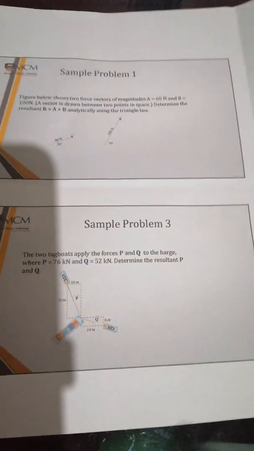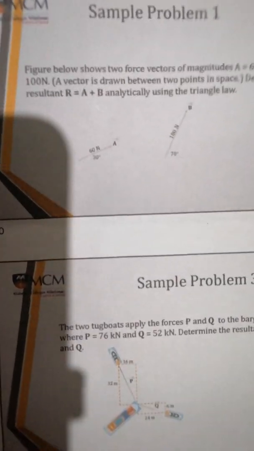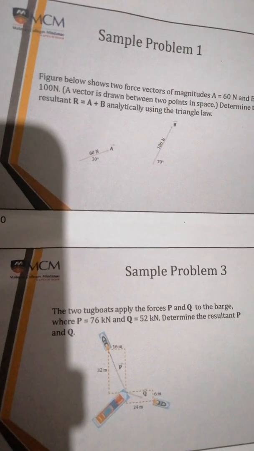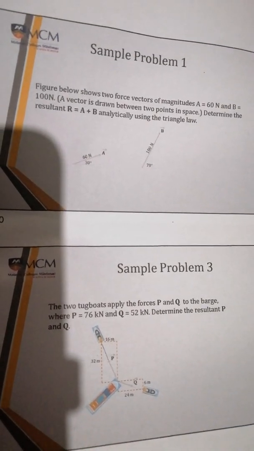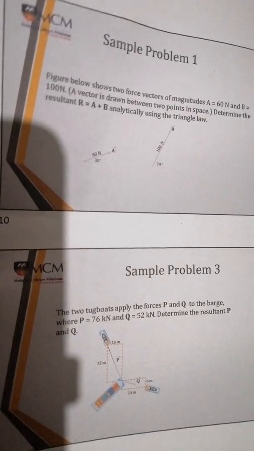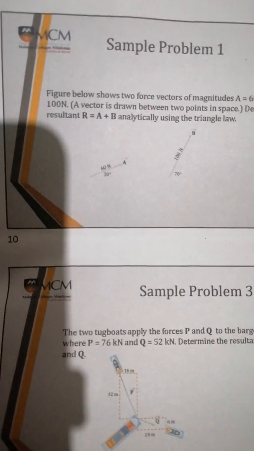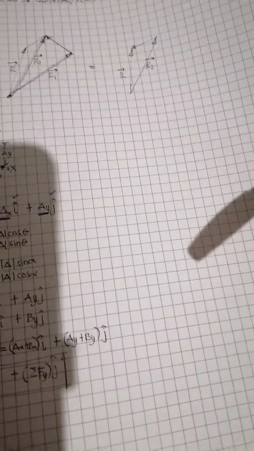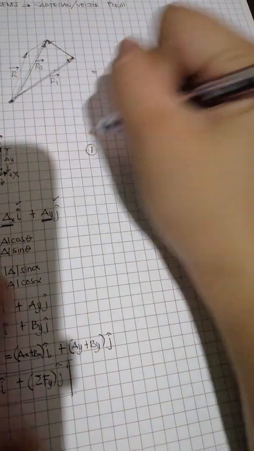These are the examples that we answered using triangle law. So let us now try to solve them using rectangular components. Just refer to my uploaded module 1 as reference when you follow the discussion for this lecture video. So our first example, we are given two vectors.